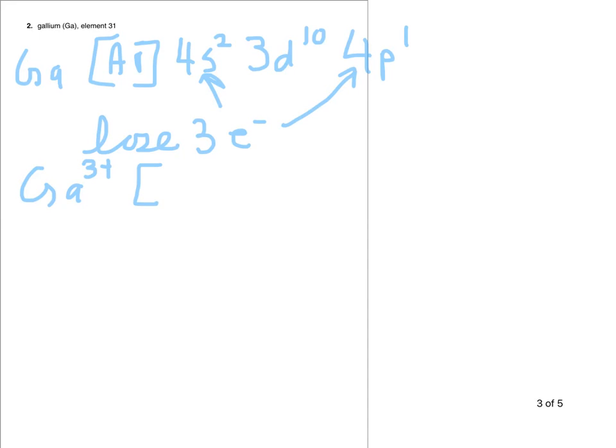And our electron configuration is argon and 3d10. Now here's one where the electron configuration of the ion is not that of a noble gas, but we call it a pseudo-noble gas configuration.